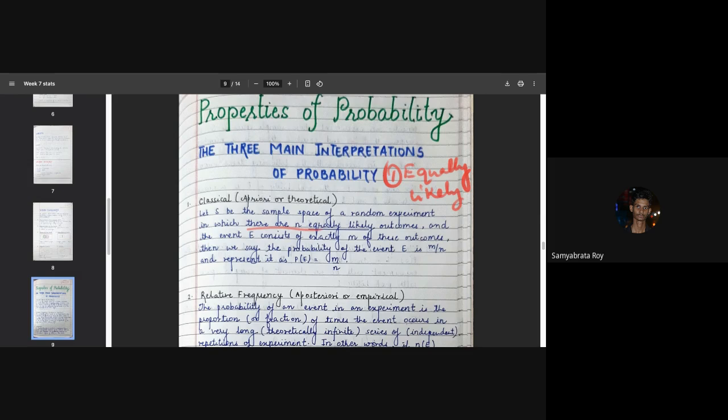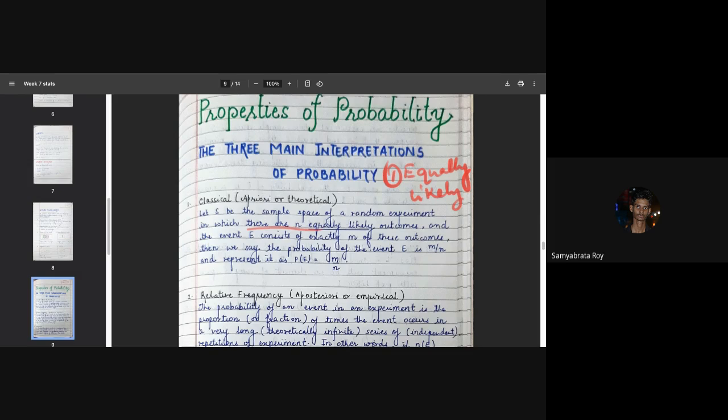Also, the sample space must be finite. So there should be a countable number of possible elements which could occur.